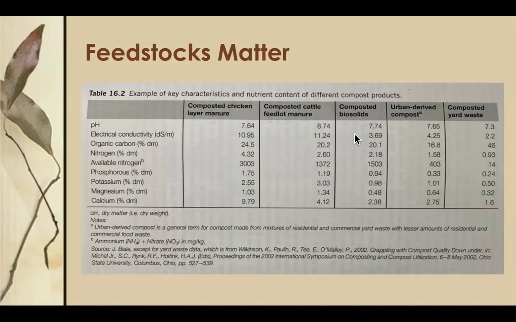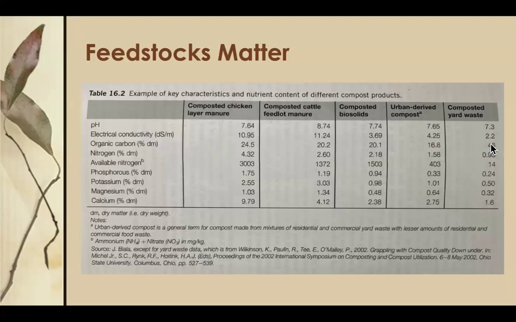But if you're looking at, for instance, composted yard waste, which is mostly carbon and maybe some greens, but not a low C to N manure, then you're going to have a lot less available nitrogen, and basically a lot less of the nutrients in general, but you are going to have more carbon.